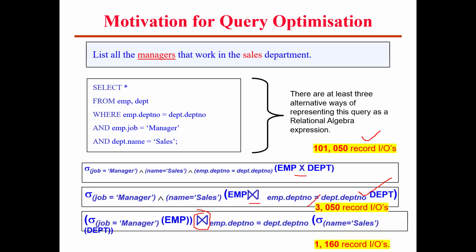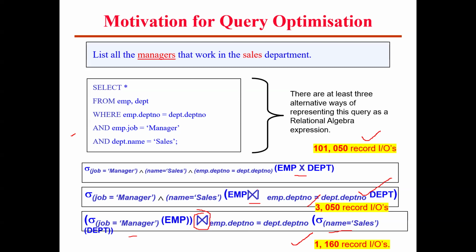Now, a more advanced relational algebraic expression is given for the same SQL query in the third case, wherein we are first selecting only managers and only the sales departments, and then we are connecting them. So it's again further reducing the IOs by more than half, one third only. So now we have only 11,060 record IOs.